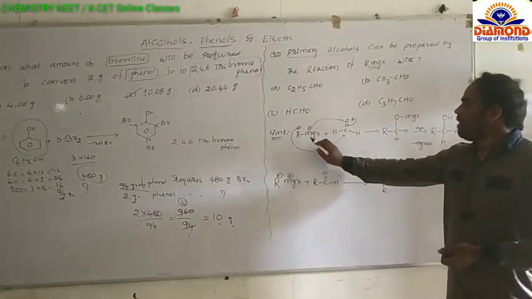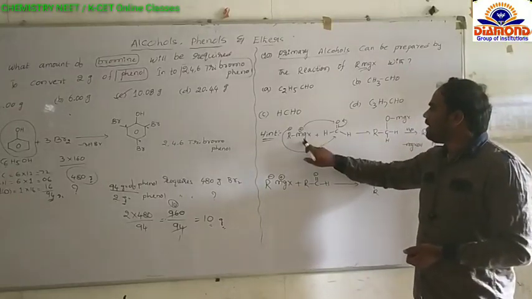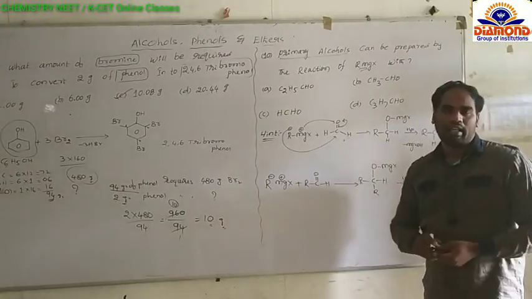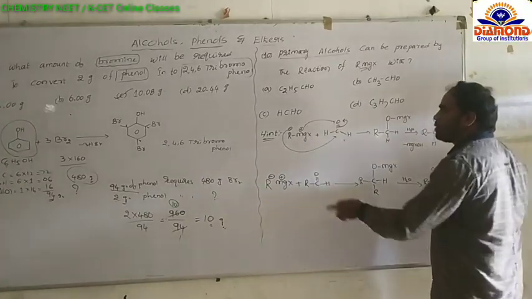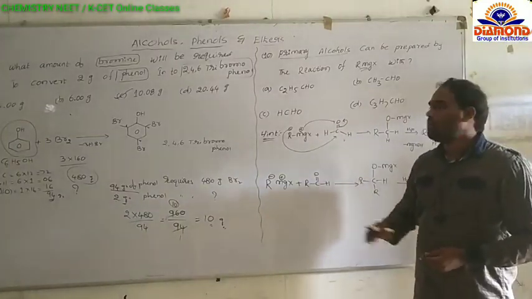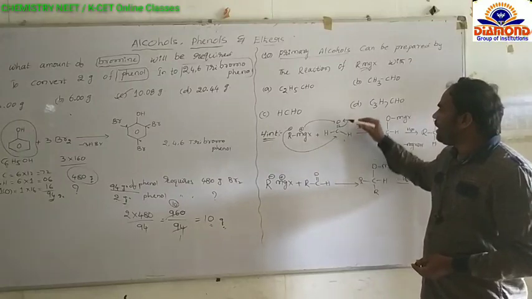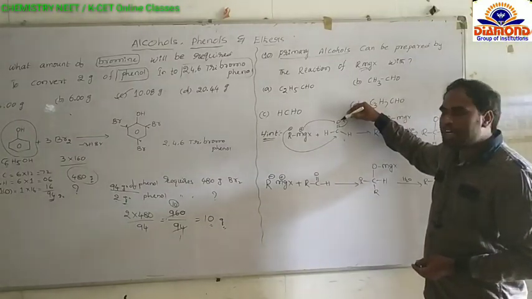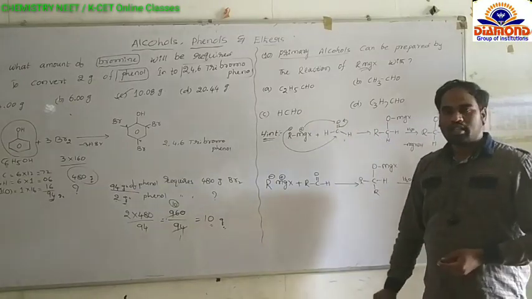Now see students, for this question, if Grignard reagent reacts with formaldehyde, what happens? Grignard reagent forms R minus and MgX plus, and this is the formaldehyde. Oxygen is more electronegative than carbon, therefore this bond shifts towards the oxygen side.